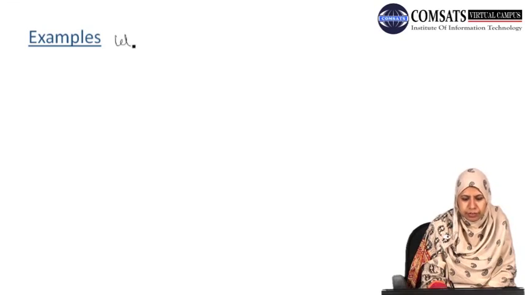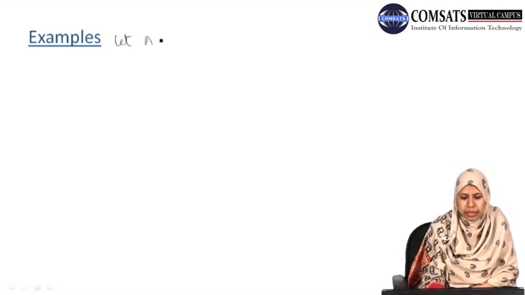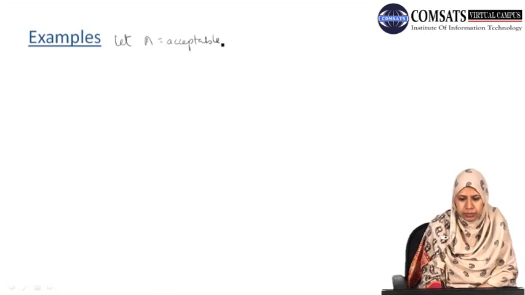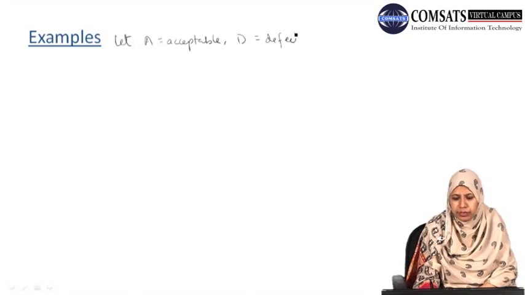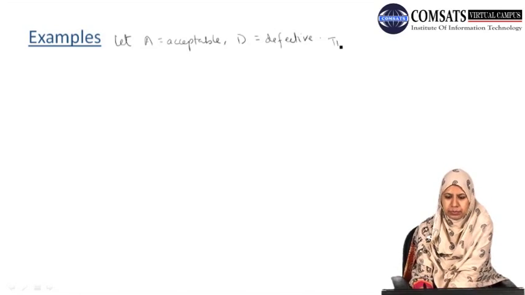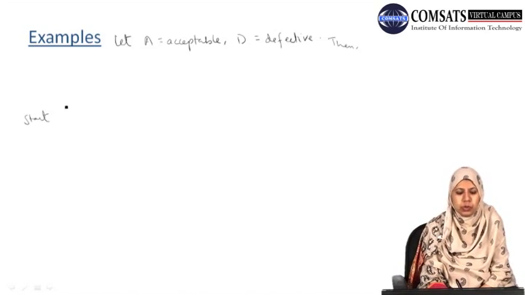First let us define the type of outcomes we are interested in. Let capital A denote that the manufactured part is acceptable, and capital D denote that the manufactured part is defective. Then, using our tree diagram, we start from here, and for the first part we have only 2 options: either the first part will be acceptable or defective.